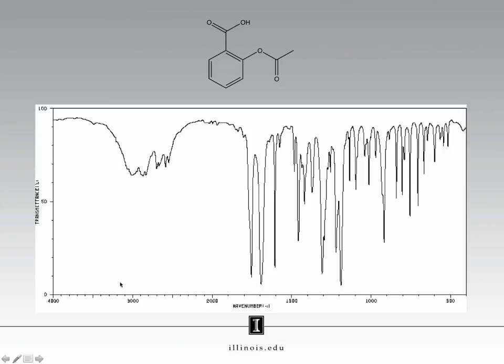In contrast, if we look at these peaks here on the right, we see that the molecule absorbed a great deal of the IR energy at these wave numbers. Every single one of these peaks you see corresponds to some kind of bond in our molecule absorbing that light. You will see how this is useful to us as we proceed through this webcast.